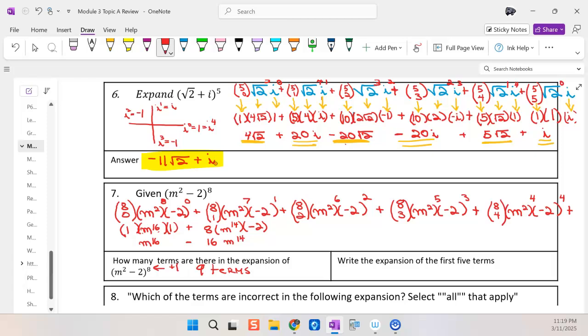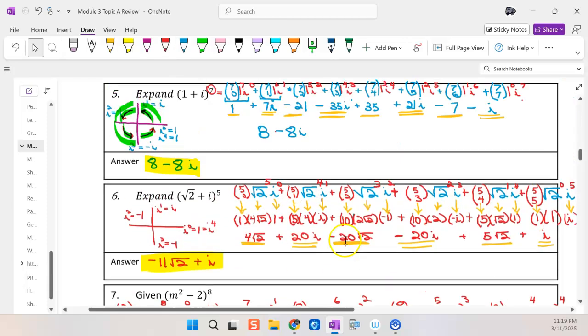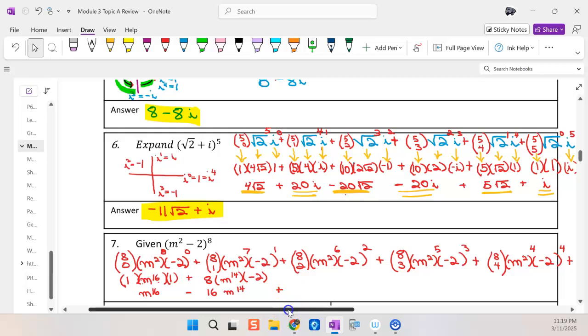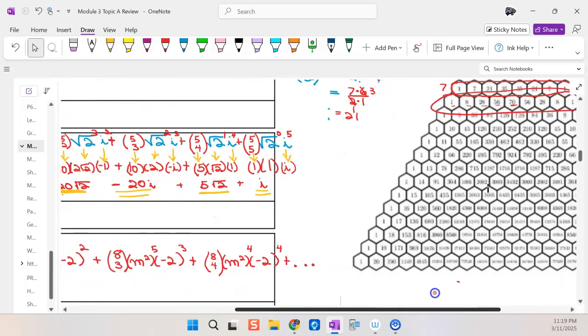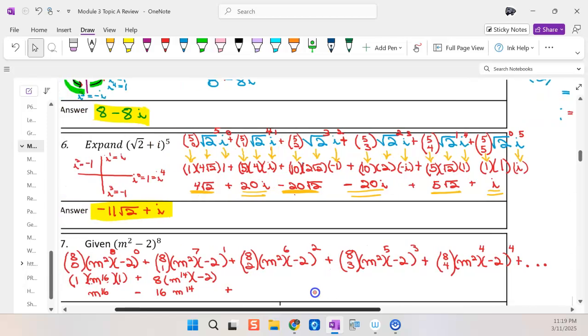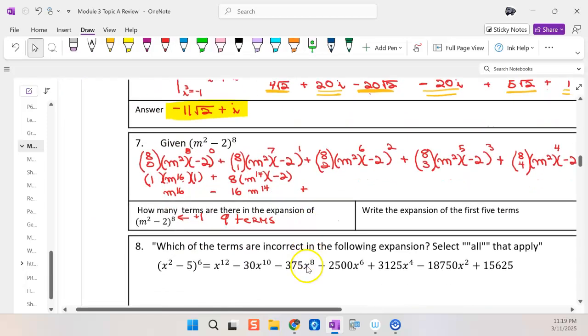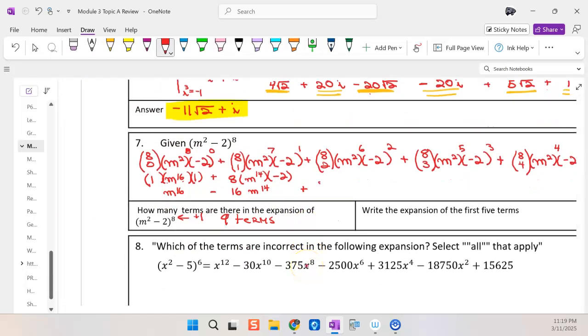All right. Now we got plus, okay, 8 choose 2. 8 choose 2 is going to be 28. m^12, negative 2 squared, 4.